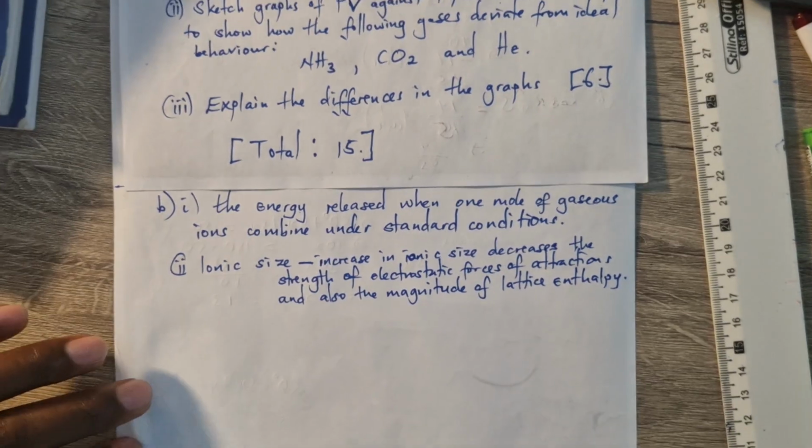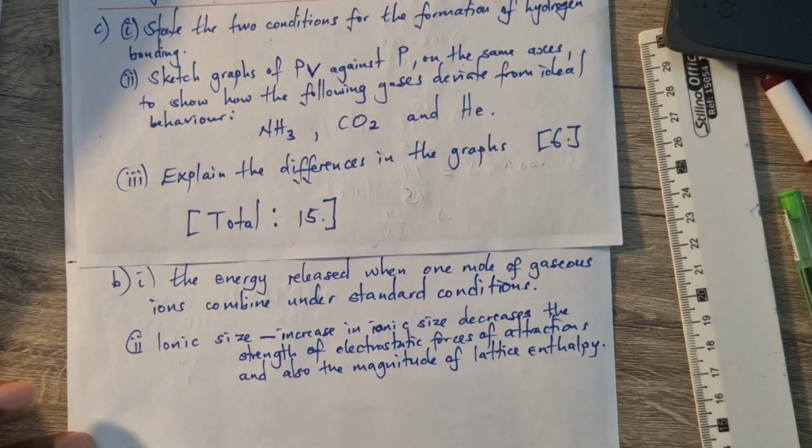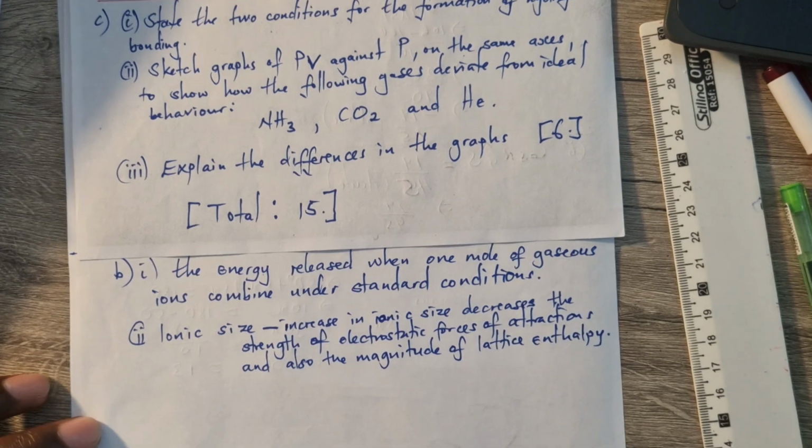So that's how ionic size affects the magnitude of lattice enthalpy.